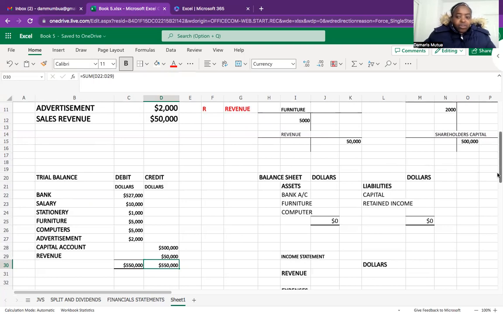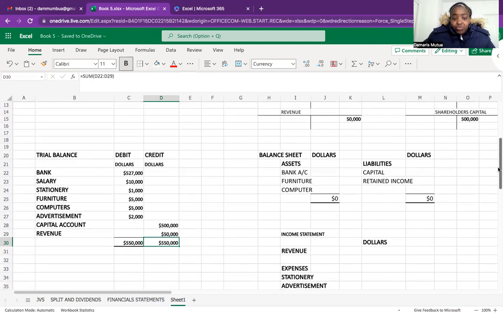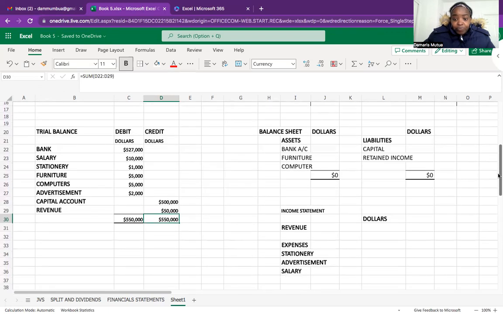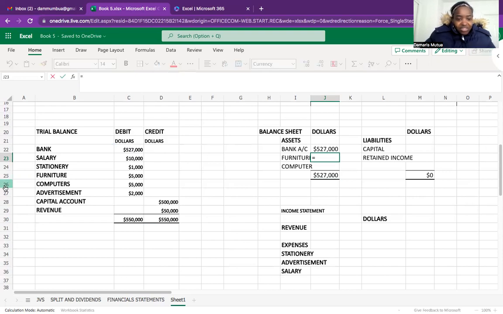The next thing, I'm now going to use my trial balance to prepare my financials. Picking my figures from my trial balance, I have my bank balance. I have furniture, the balance for furniture. I have computer. I have my capital.